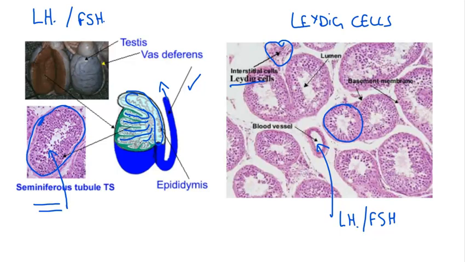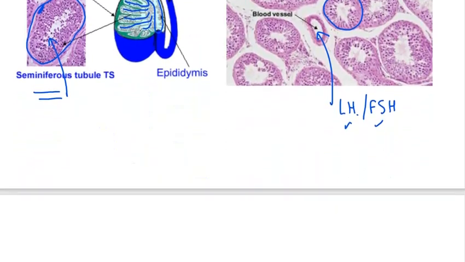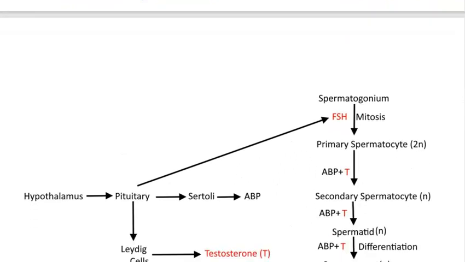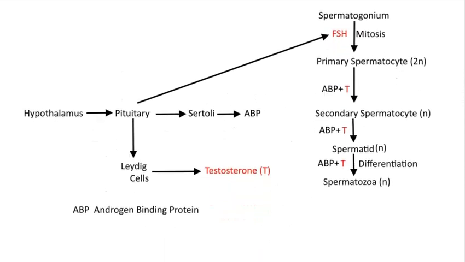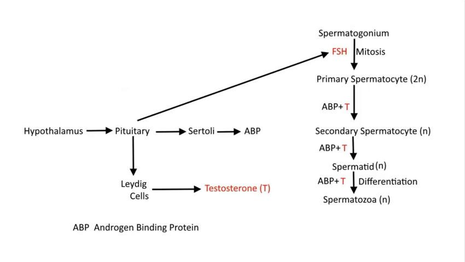So let's take a look at the influence of LH and FSH on sperm production. And this requires, to a certain extent, that we correlate with our knowledge of meiosis. So the hypothalamus, if you recall, is producing the gonadotrophin releasing hormone, which in turn stimulates the anterior pituitary.